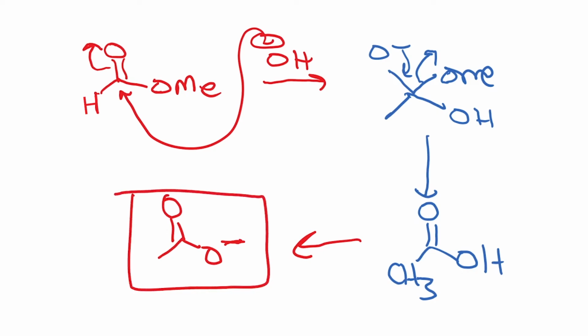Now the next case would be the formation of an enolate from amides, so let's consider that. You have CH3 C double bond O NH2, I'm sorry, it's not NH3, and now I expose this to a base, let's use sodium methoxide again, OMe minus.